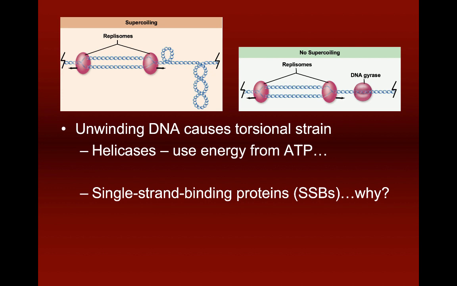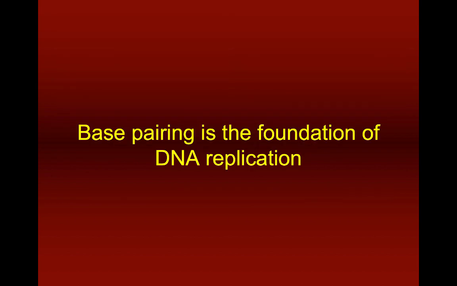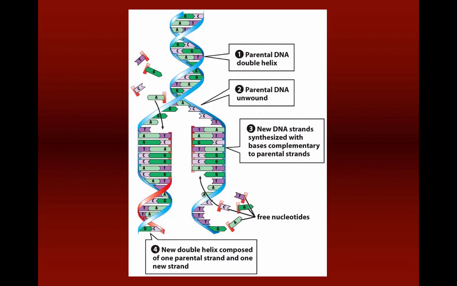We also are going to see what are called single-stranded binding proteins, or SSBs for short. Single-stranded binding proteins are there to help stabilize the nitrogenous bases on the nucleotides while the two complementary strands are separated from each other. So in other words, if we just jump back a couple of slides here, a little bit more actually right here.